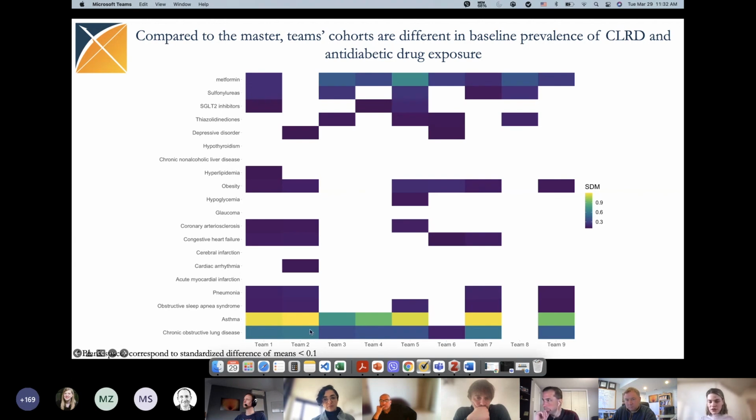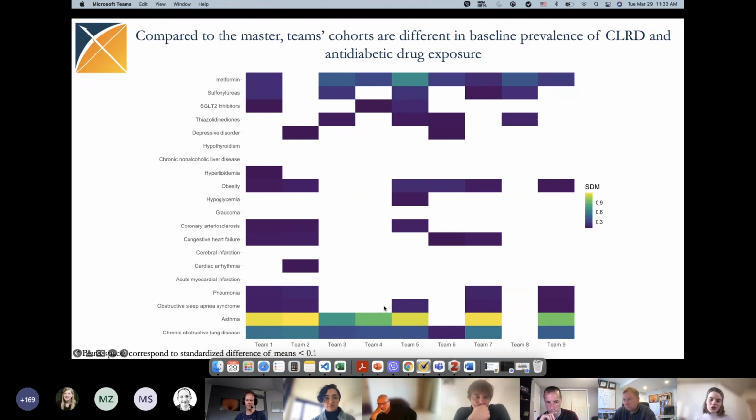And you can see, for example, those yellow squares in asthma, which indicate a huge difference in baseline prevalence of asthma in the teams' replications compared to the master implementation. And asthma and chronic obstructive lung disease are the core conditions to the whole research question, because we study CLRD exacerbations.